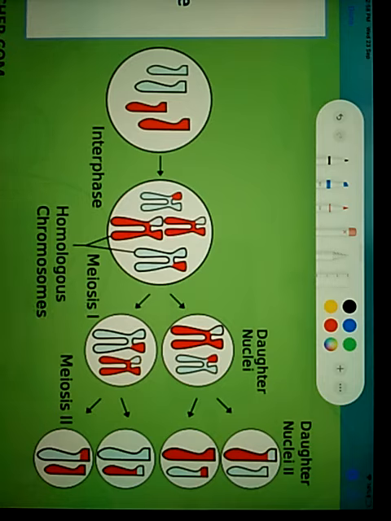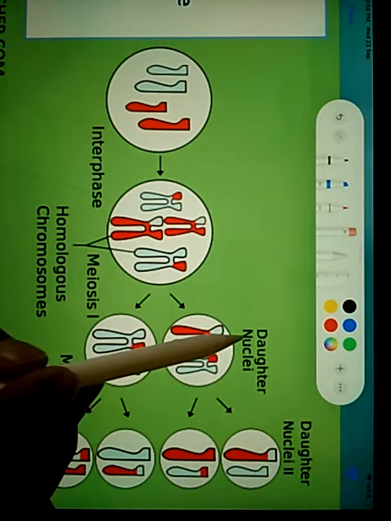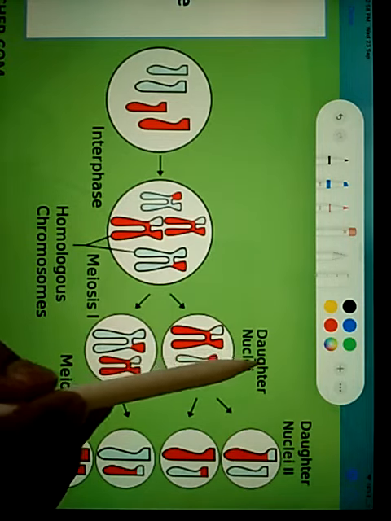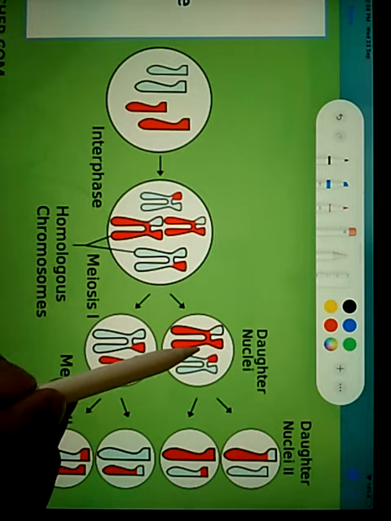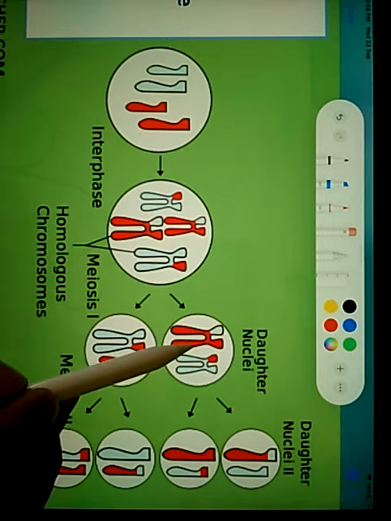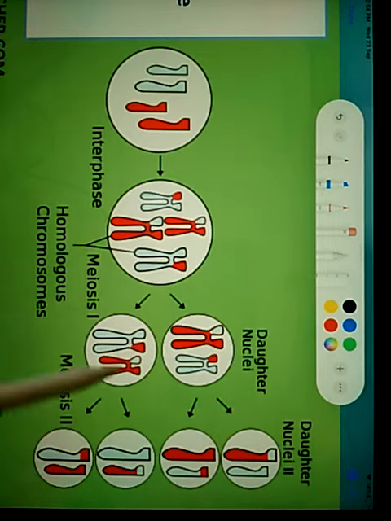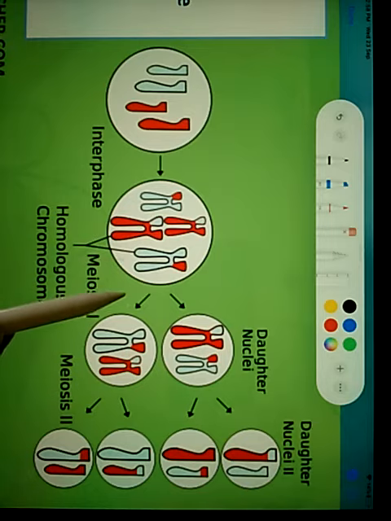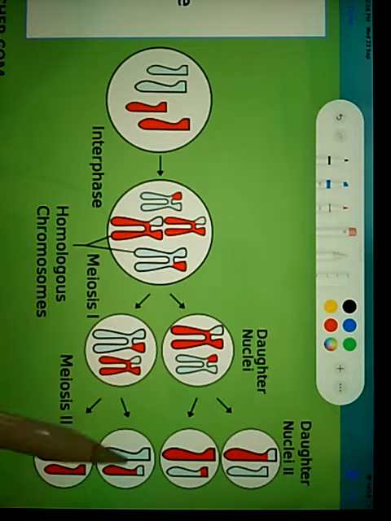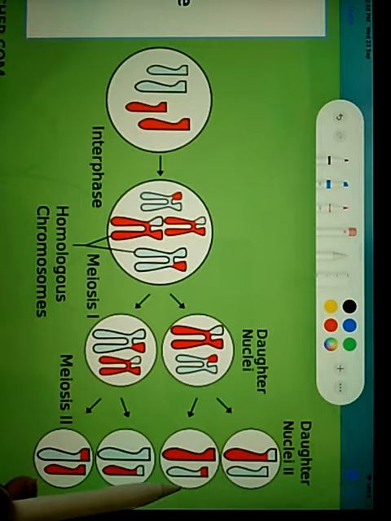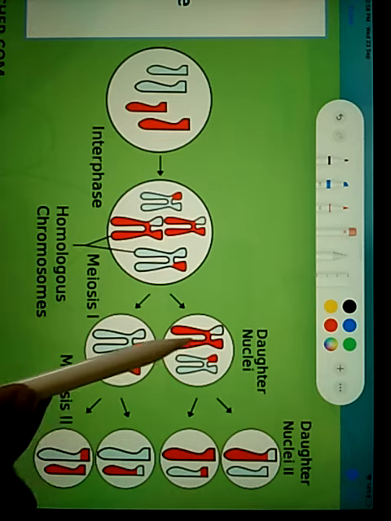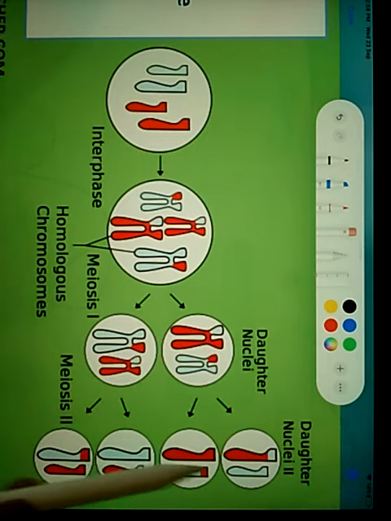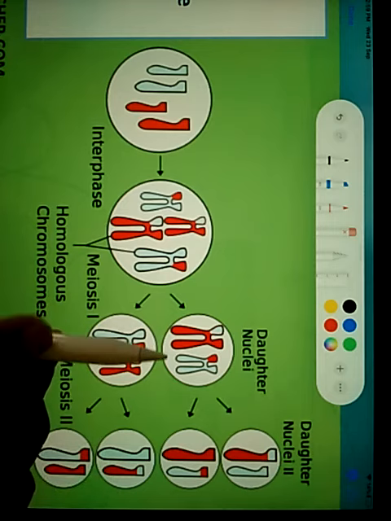We have gone through the entire process of meiosis 1. At the end of meiosis 1, two cells with daughter nuclei are produced, having haploid but doubled chromosomes. So it is a reductional division. Meiosis 1 is a reductional division. From diploid, it is converted into haploid. Then during meiosis 2, we separate the homologous chromosomes into two different daughter cells.